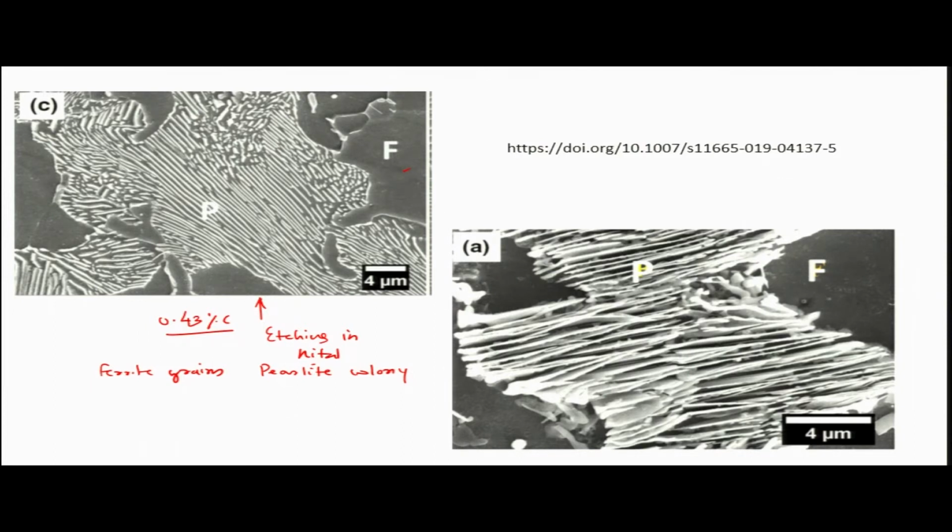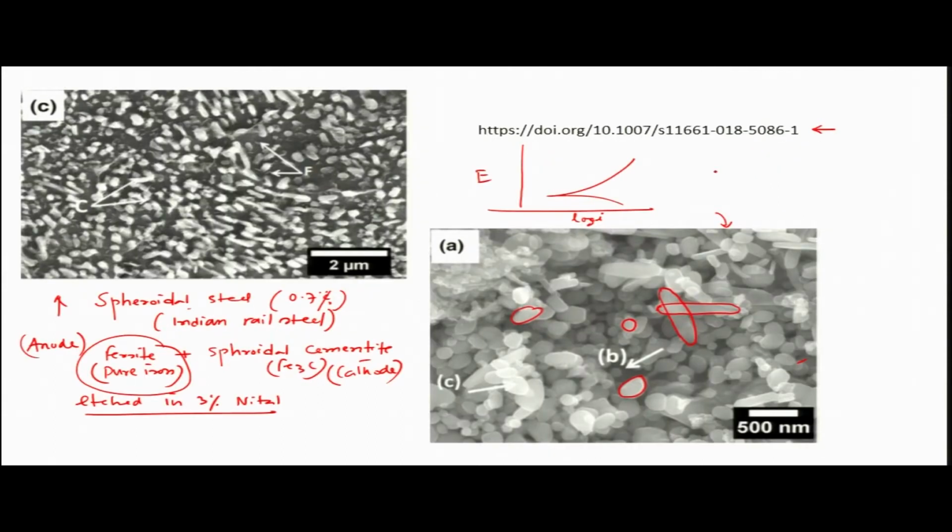But now, if we start with an unetched sample, polished and unetched, and we do a polarization again. Those polarizations are done in 3.5% NaCl solution, and here also this polarization is done in 3.5% NaCl solution.